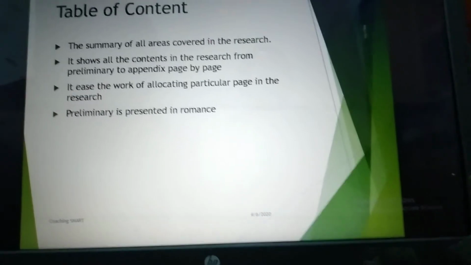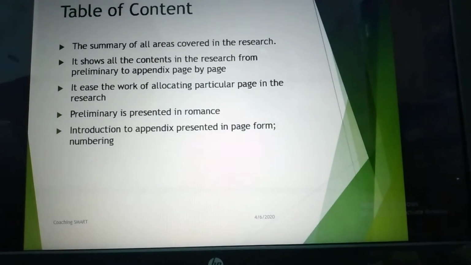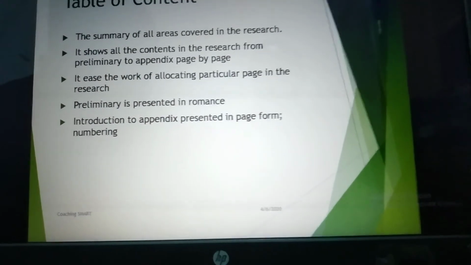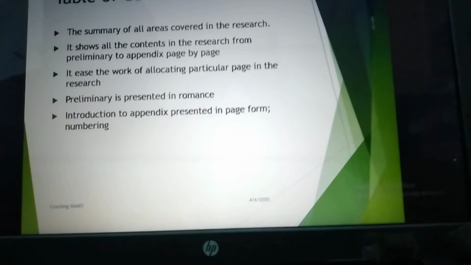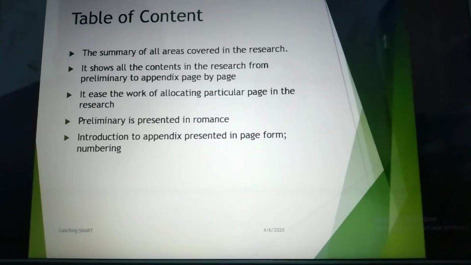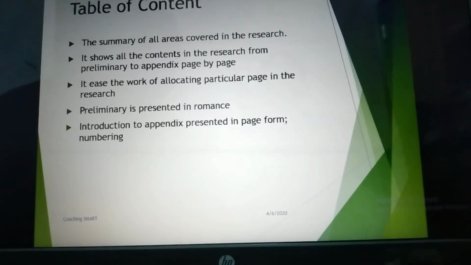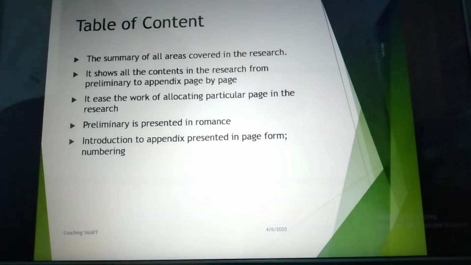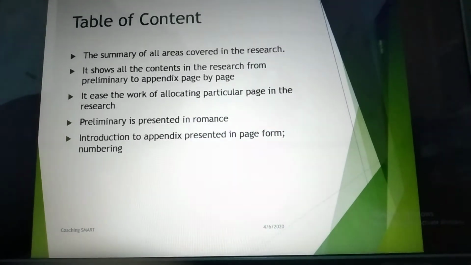Preliminary is presented in Roman numerals. Introduction to appendix is presented in page numbering. So when you are dealing with research, preliminary is normally presented in Romans, and then from introduction, chapter 1 to chapter 5, all the way to appendix, you must do it in numbering form.